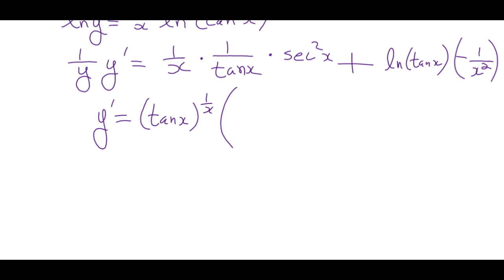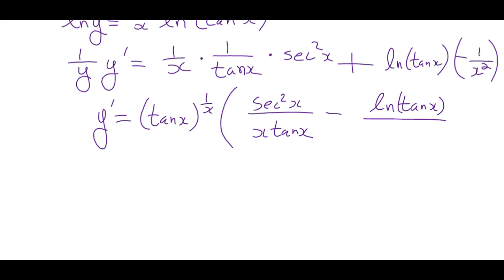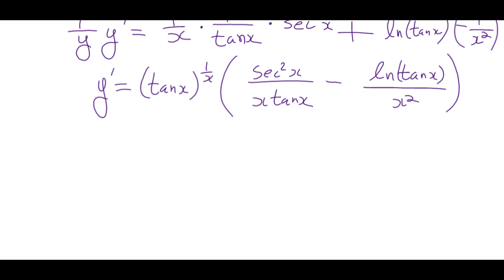And what have we got? We got sec squared x over x tan x minus ln tan x over x squared. Okay? And maybe that's the answer. And maybe it isn't. So what if the answer was this?